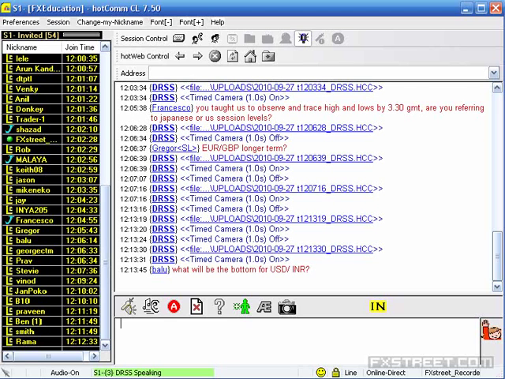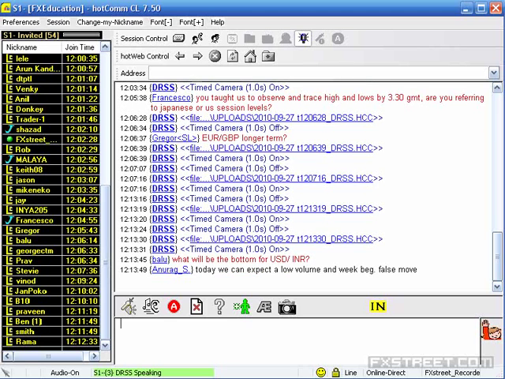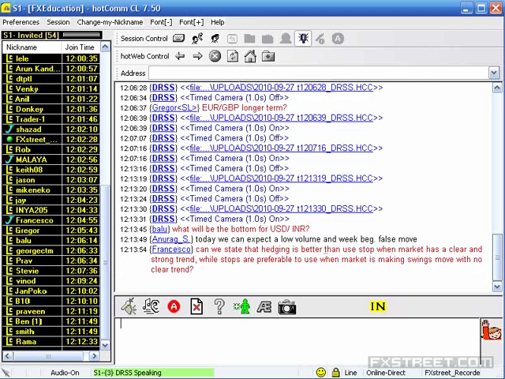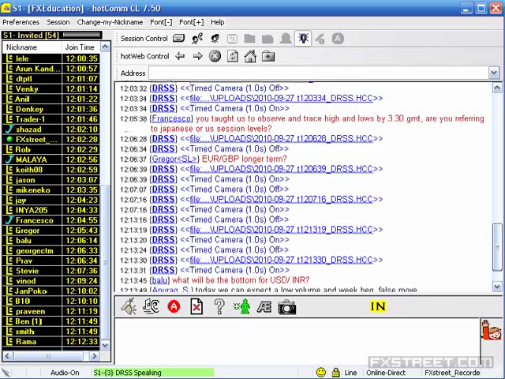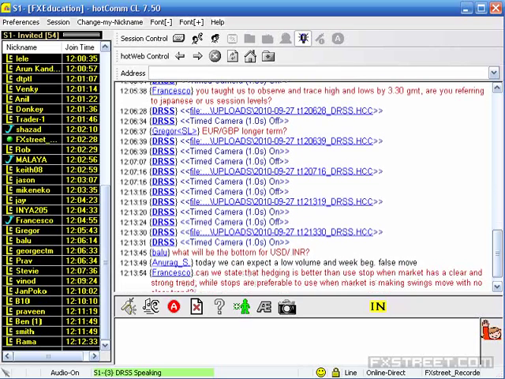Francisco, you taught us to observe and trace high and low by 3:30 GMT, and you are referring to Japanese or US session levels. See, whatever you come across in the live market code page, kindly make a note of that. They are the highs and the lows set by the interbank treasury and the players.